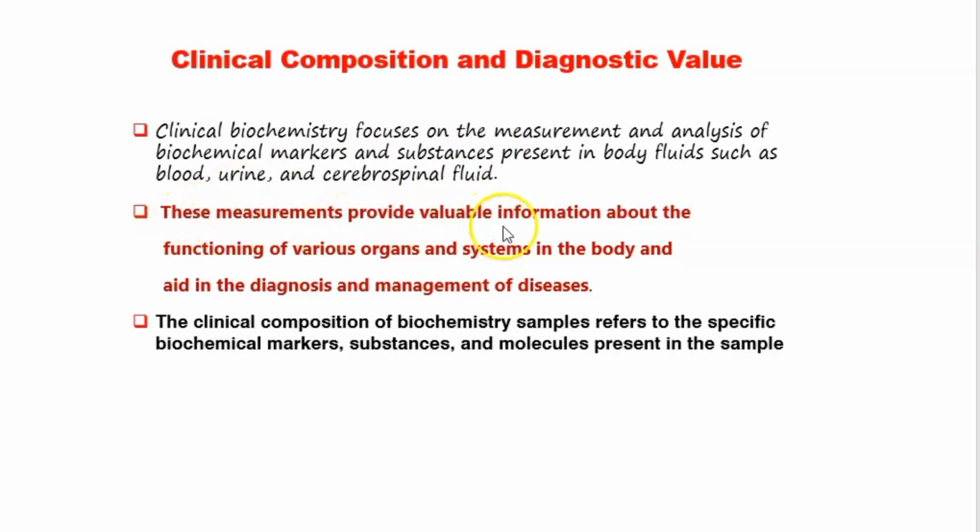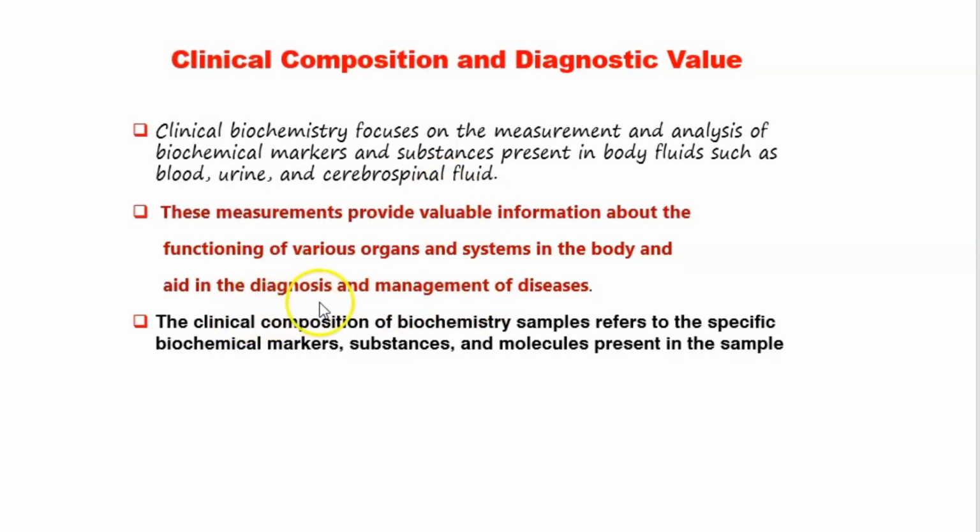This measurement provides valuable information about the functioning of various organs and systems in the body. So in the organs and systems of the body, there are so many disease conditions that are related to the amount of the substance that is present in blood.